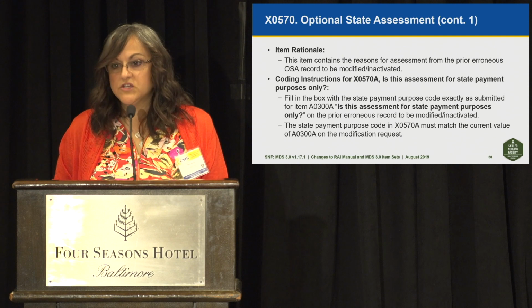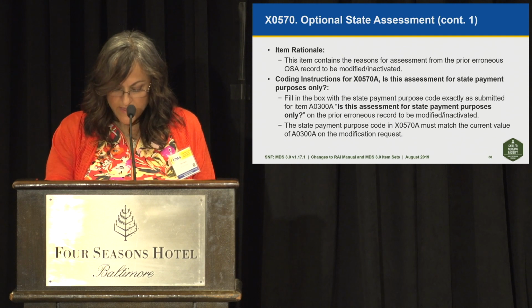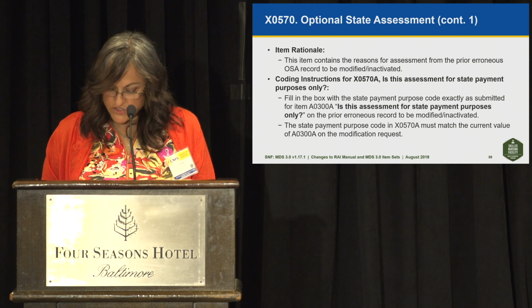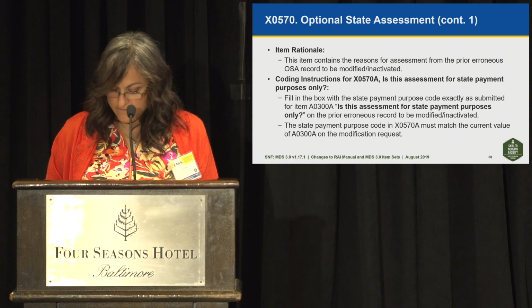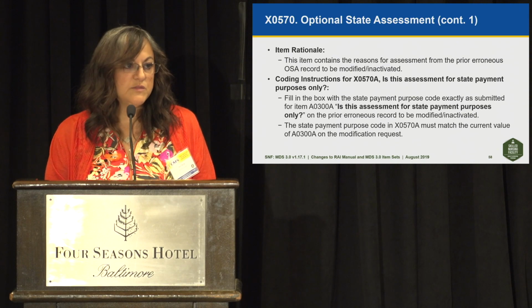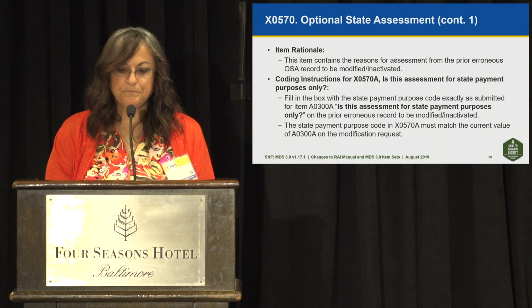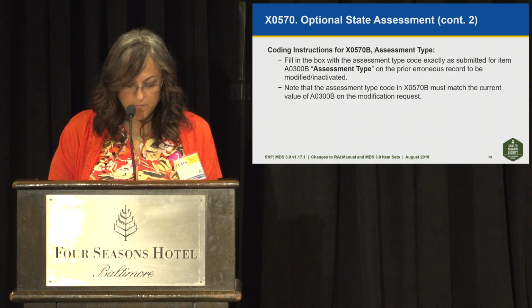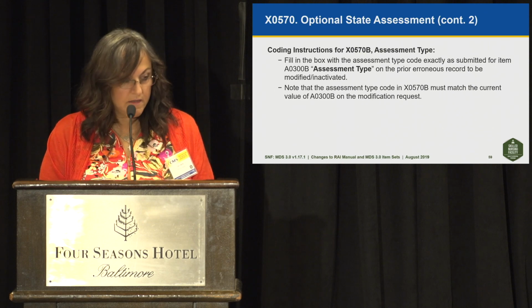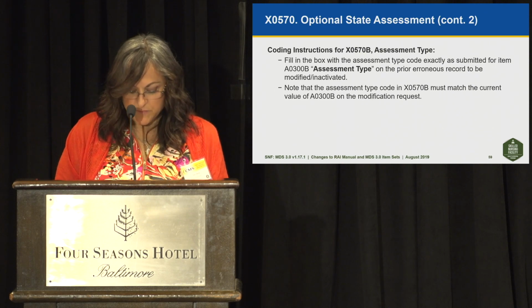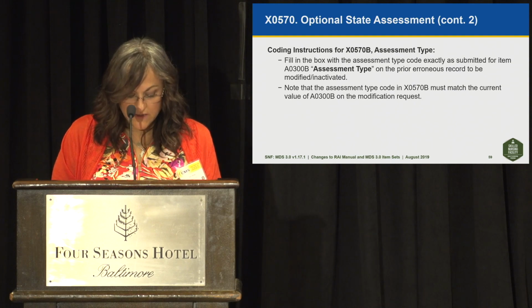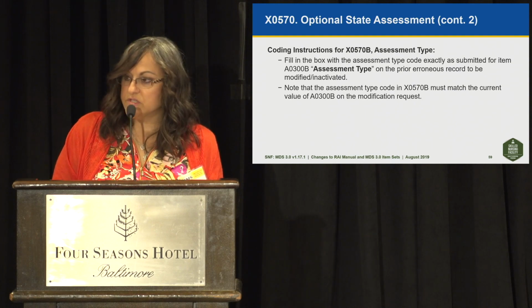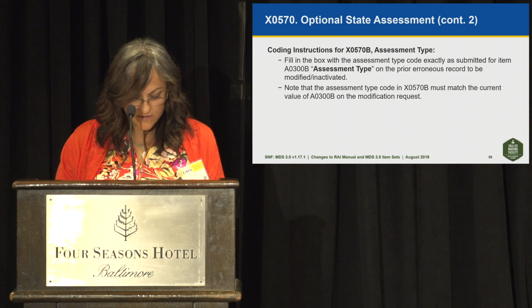So on the modification and inactivation request for item X0570A, it should match what the current value is on A0300A, which is on the prior erroneous record that's being modified or inactivated. The same goes for X0570B. You're going to fill that box with the assessment type code exactly as submitted for item A0300B, the assessment type on the prior erroneous record to be modified or inactivated.